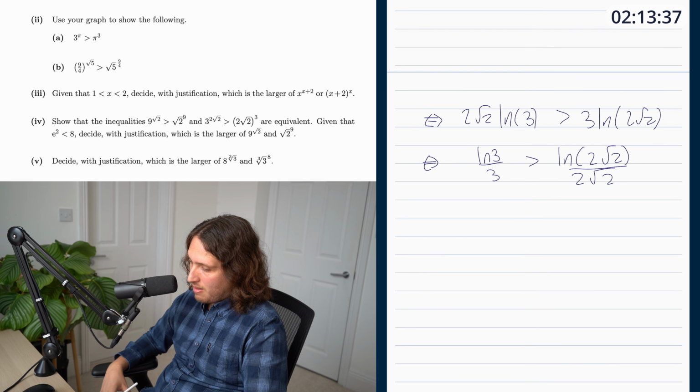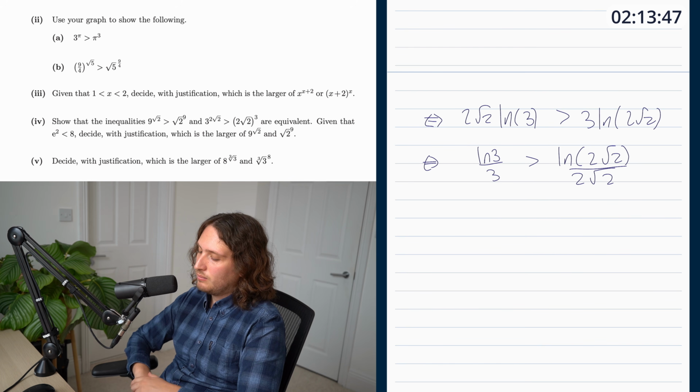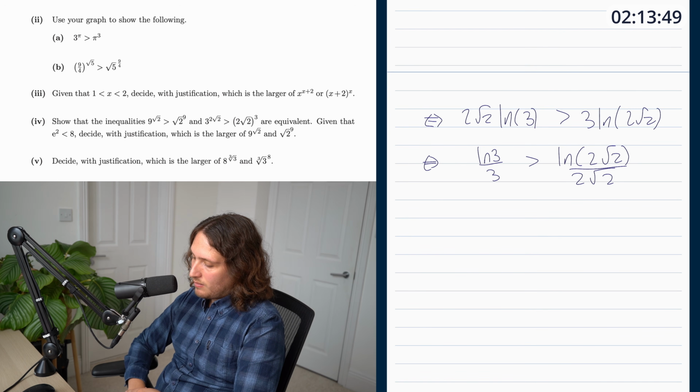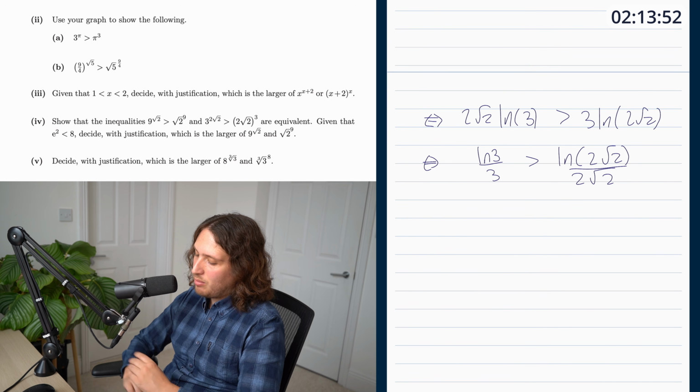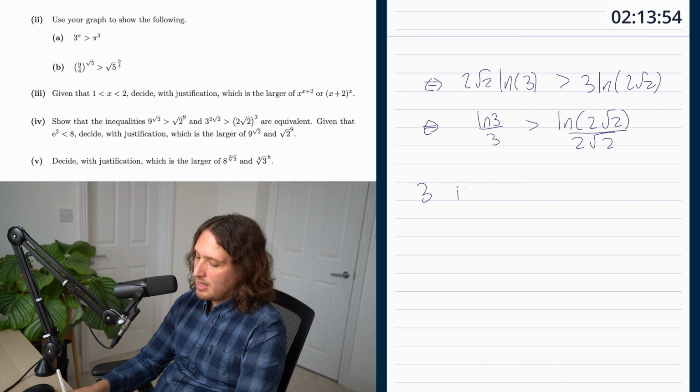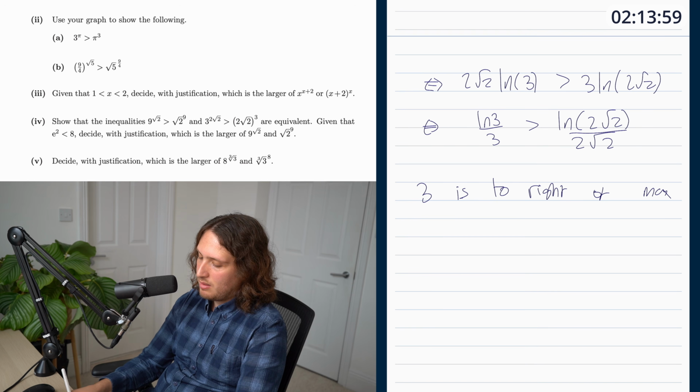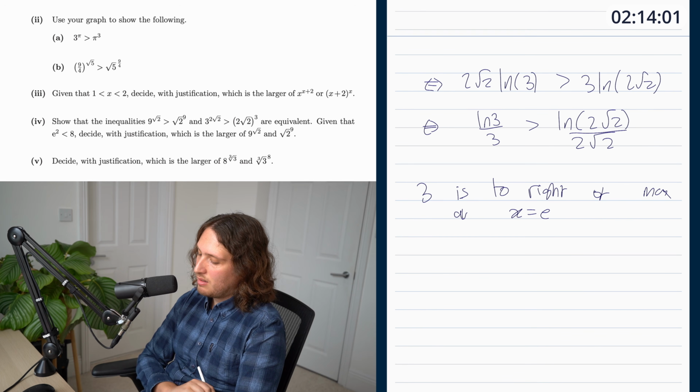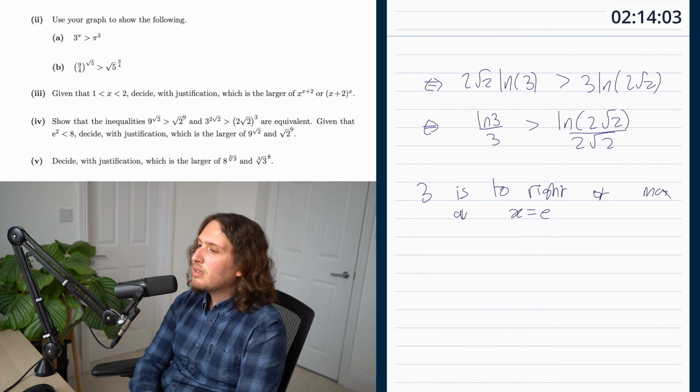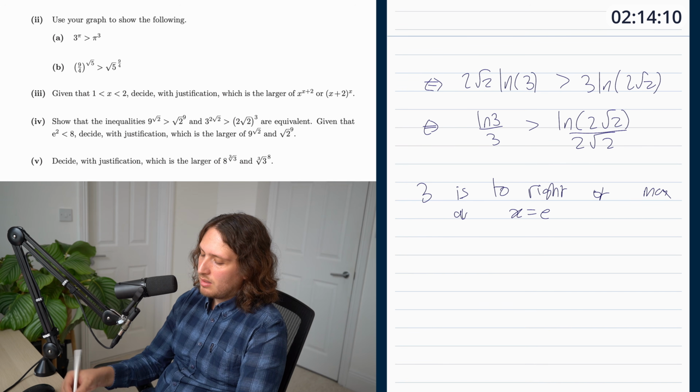Okay. Now, the problem is 3 is to the right of the maximum at x equals e. Oh, no, 2 root 2 is to the right as well.